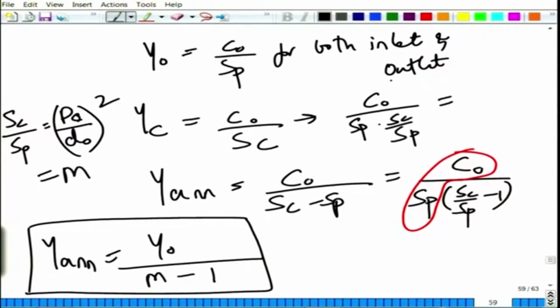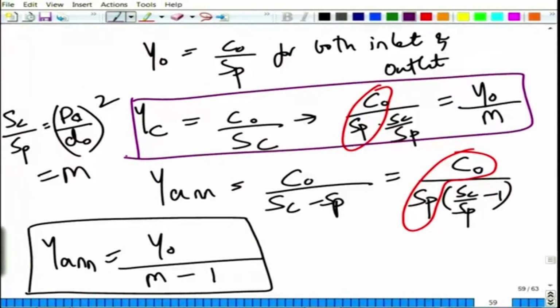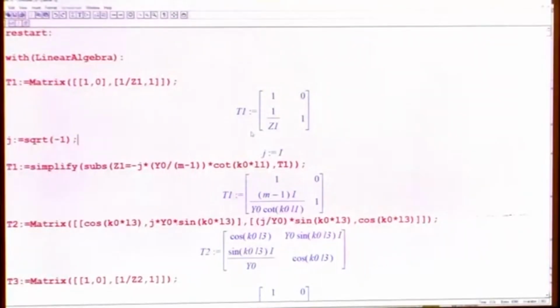C naught by Sp becomes your characteristic impedance y naught, and Sc by Sp becomes m. So, y naught divided by m will be the characteristic impedance of the chamber. So, we can possibly substitute all these things here. Let me just box this thing.